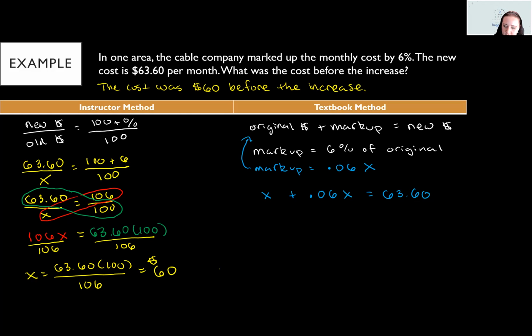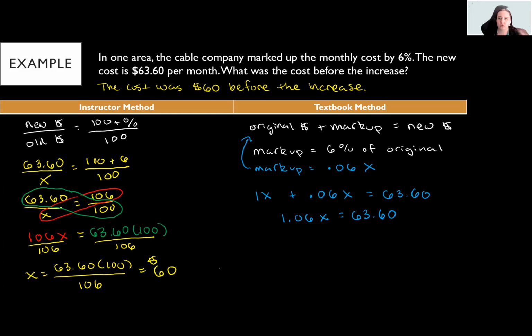When we add our like terms, that's a 1x. So we get 1.06x equals 6360. So there is no subtraction in this problem at all to find out what the original cost was. And that's where people go wrong, because we added to get the new cost.